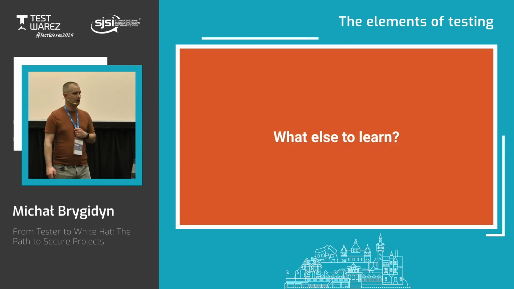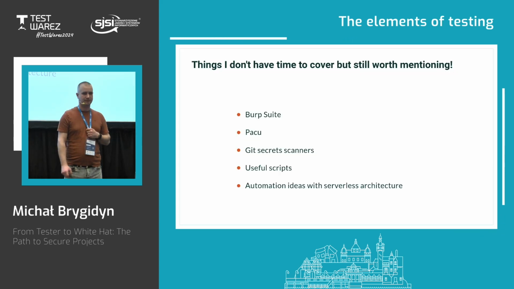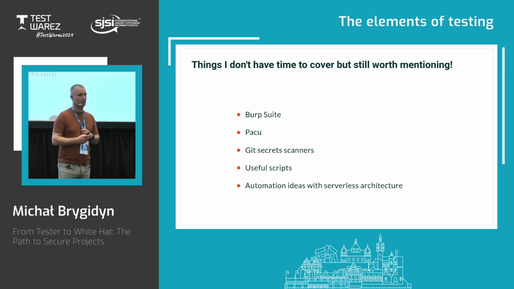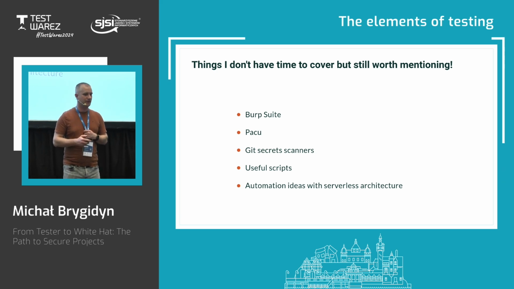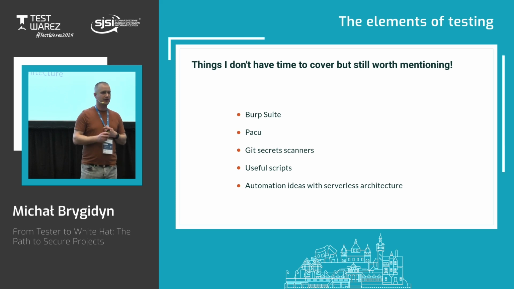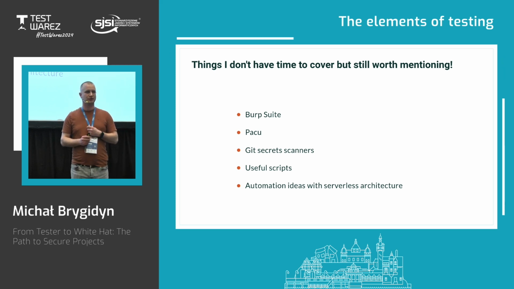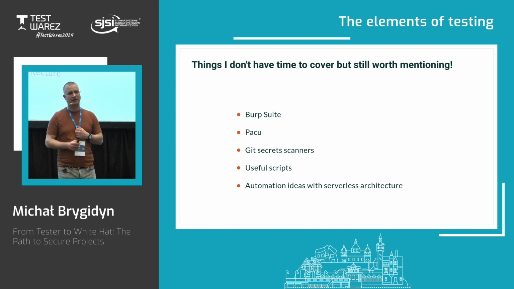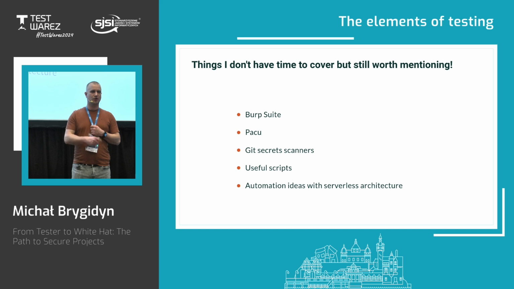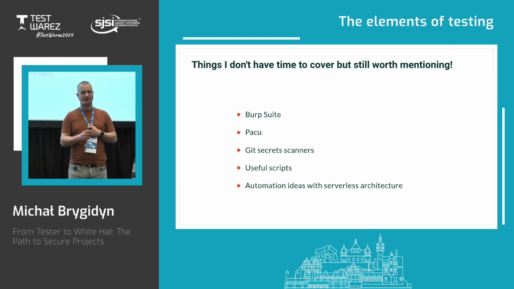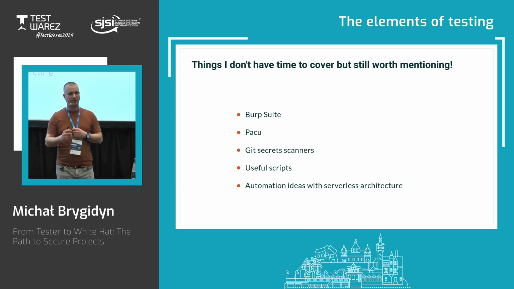What else to learn? If you want to play with security testing, Burp Suite is the one tool that you will use a lot because it can replay your requests, it can change your requests, it can record requests. You go to a website, you browse the website, it records every step, and then you can try to repeat it with different variables.